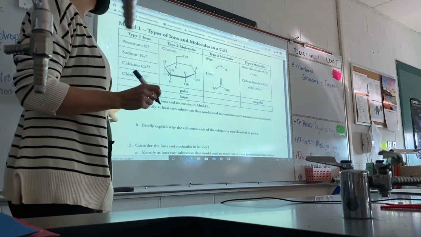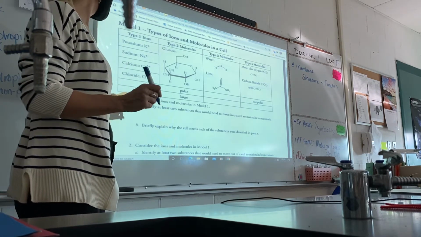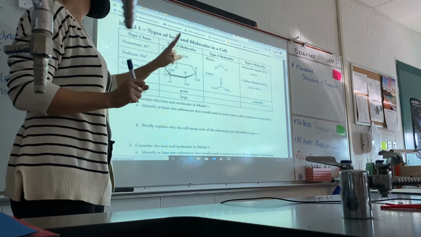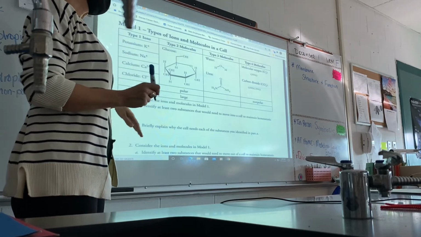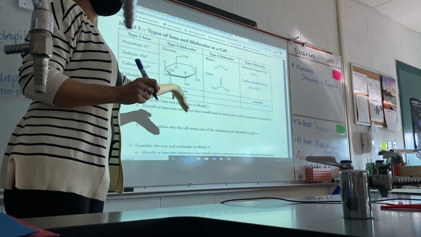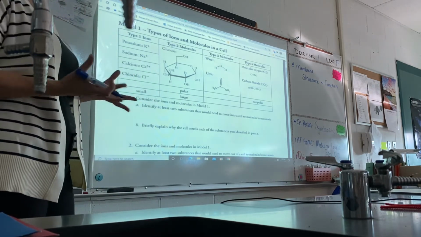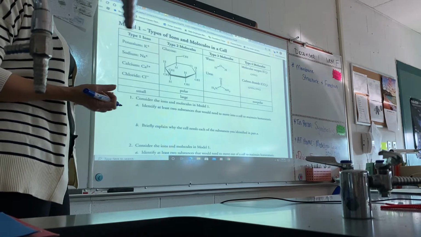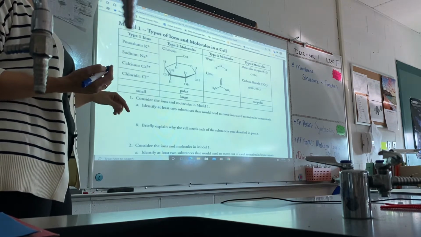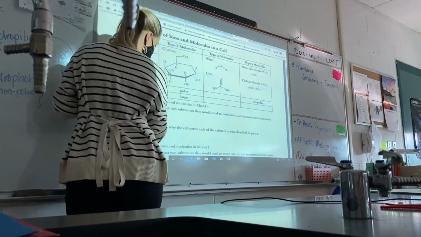Number 1, consider the ions and molecules above. Identify at least 2 substances up here that would need to move into the cell to maintain homeostasis. So what things do our cells need to take in from that chart? Oxygen is going to be 1.